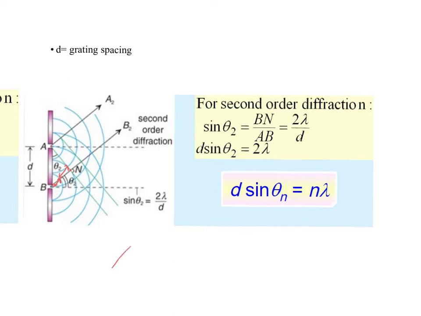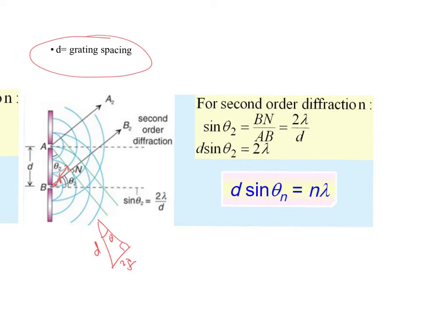If I take the triangle again, this is 2 lambda. This is the grating spacing. So d is for grating spacing, lambda is for the wavelength of the actual wave, and theta is the angle from the normal of the diffraction grating to the rays that are coming out of it.